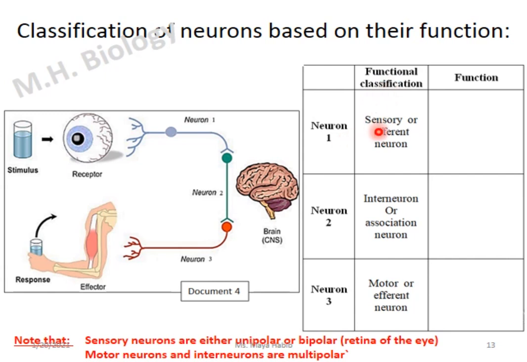Neuron 1 is the sensory neuron or afferent neuron. Neuron 2 is known as interneuron or association neuron. And you have neuron 3, which is the motor or efferent neuron. So now you can pause the video and write the function of these 3 different types of neurons.